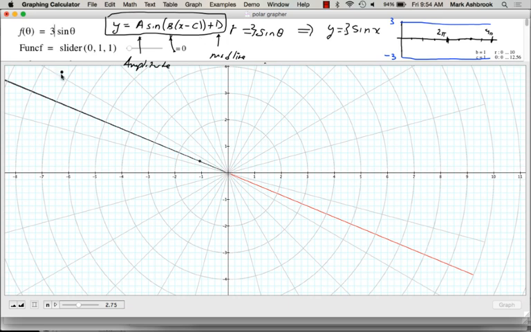If we didn't have c, then it would be bx. And we get a full cycle when bx, the argument of sine, reaches 2 pi. So therefore the period, or the x interval that gives us the period, is equal to 2 pi over b.